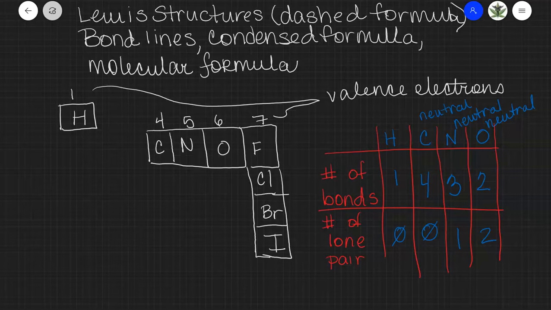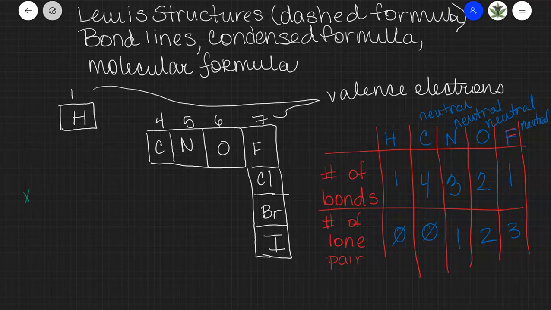And lastly, if we take a look at our halogens, for example, fluorine. Fluorine likes to have, or any of the halogens like to have, 1 bond and 3 lone pairs. And again, we are talking about the neutral atom, in which the charge is 0.